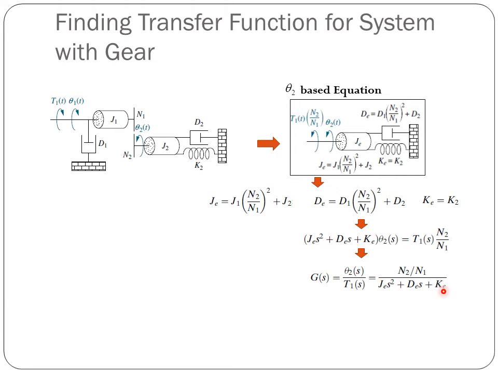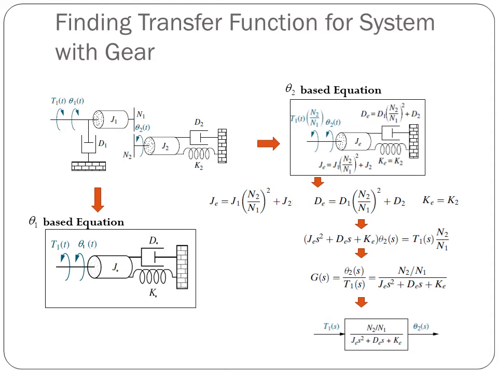Now, what will happen if we want to find the transfer function in other ways? We have already found theta 2 by T1, but if we want to find theta 1 by T1 or theta 1 by T2 or theta 2 by T2, etc. So let's see if you can do it.